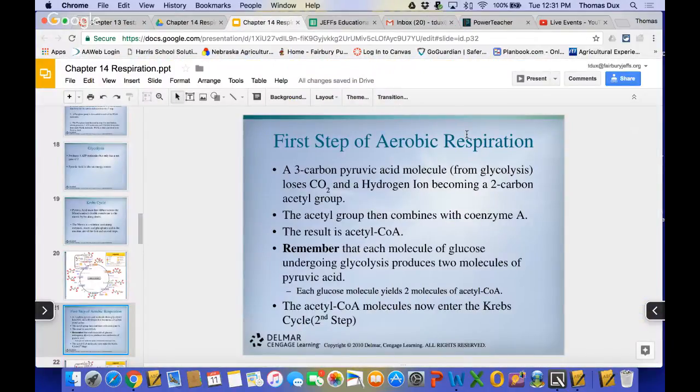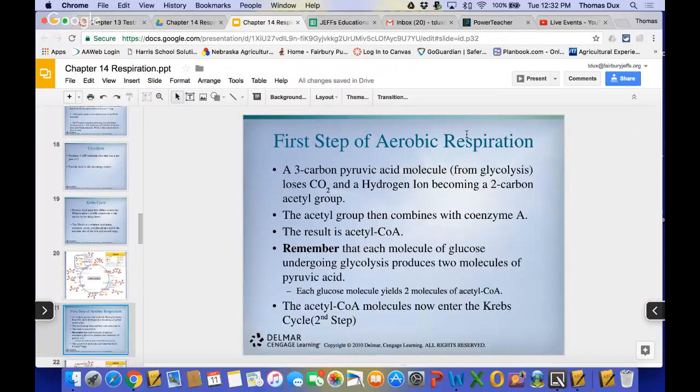Like I said, we're essentially taking molecules, adding carbon and getting rid of carbon to get our end result. So this pyruvic acid loses the carbon and hydrogen, and then combines with coenzyme A to make acetyl-CoA. This acetyl-CoA then enters the second part, which is the Krebs cycle.